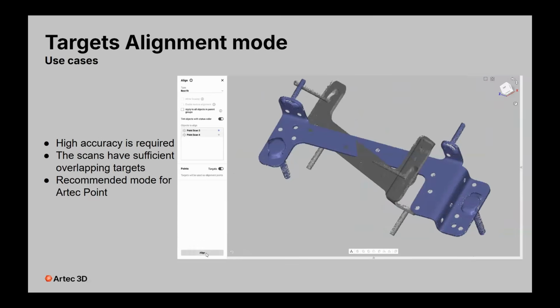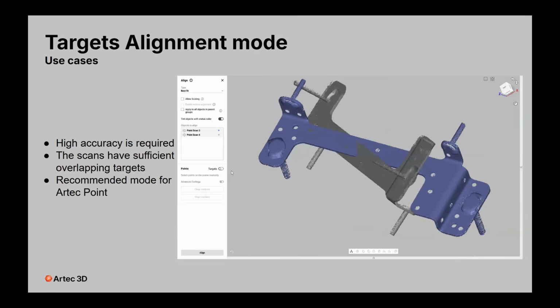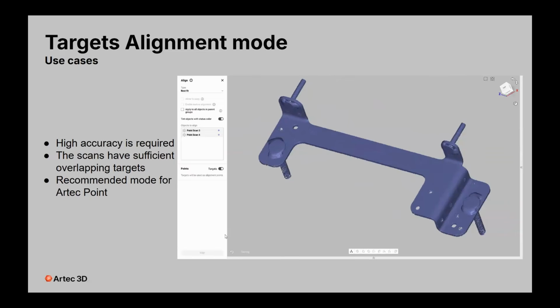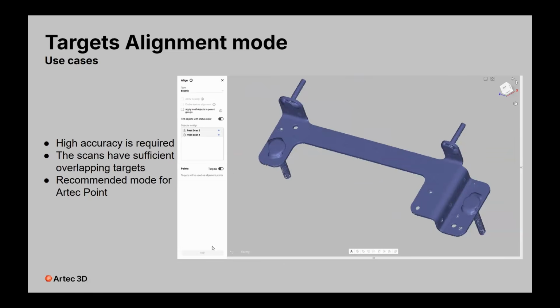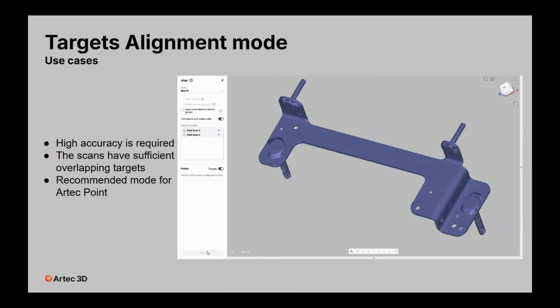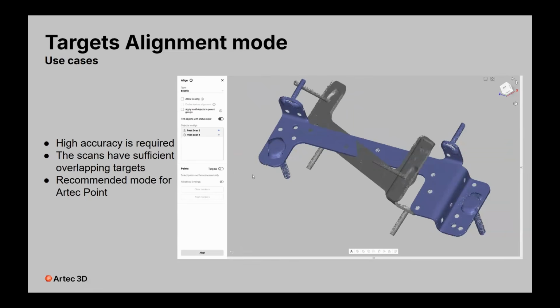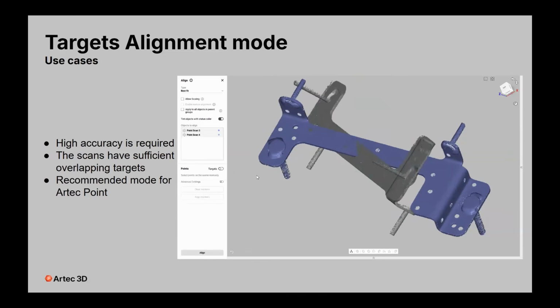Now let's talk about the third basic alignment mode, which is called the targets mode. This mode is by default available on the Artec point. When your scans contain enough targets for the alignment, it is the best mode in order to achieve the highest accuracy for the Artec point.